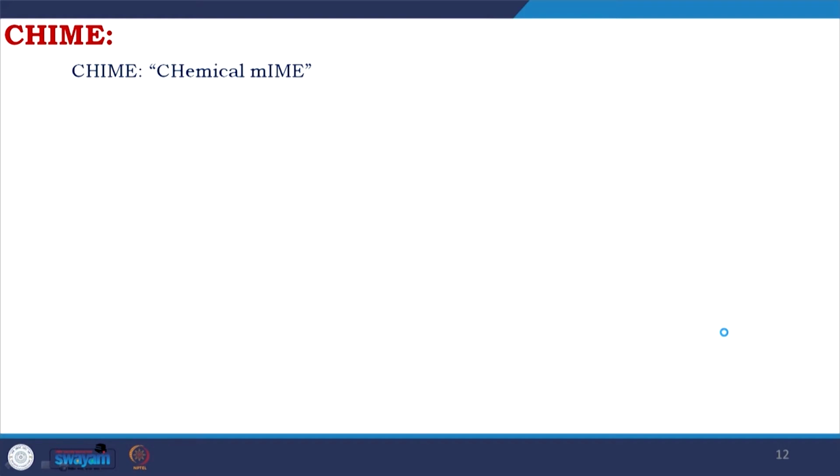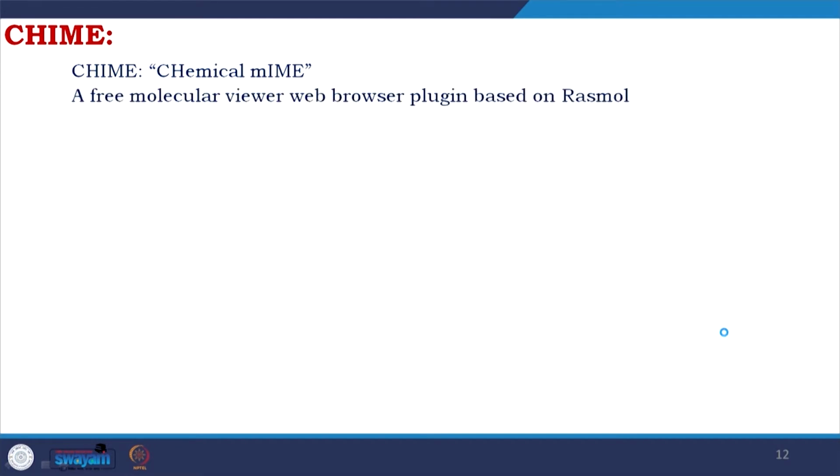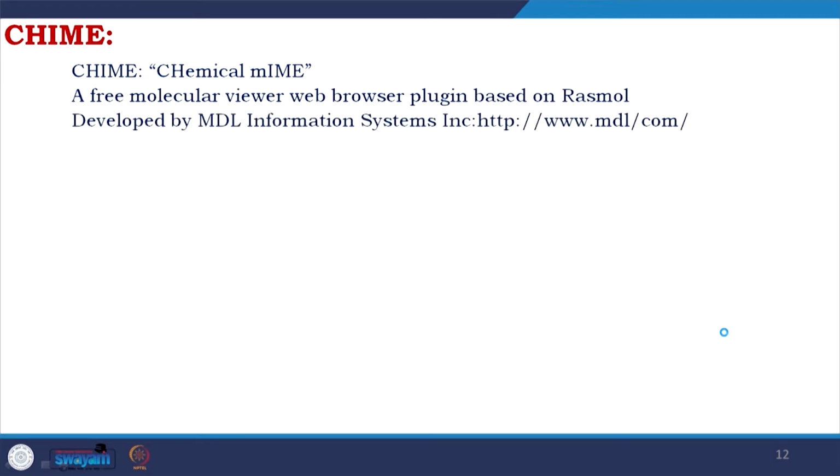Another software is Chime. Chime is named as chemical mime. It is a free molecular visualization web browser plugin. It was based on RasMol. It was developed by MDL Information Systems. The link is provided here.